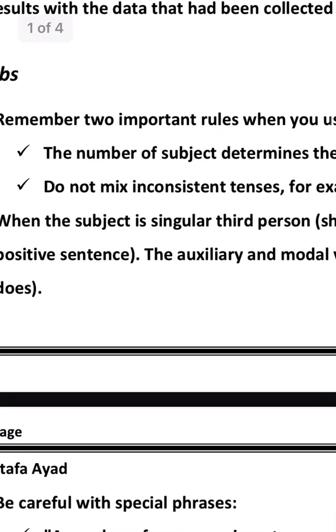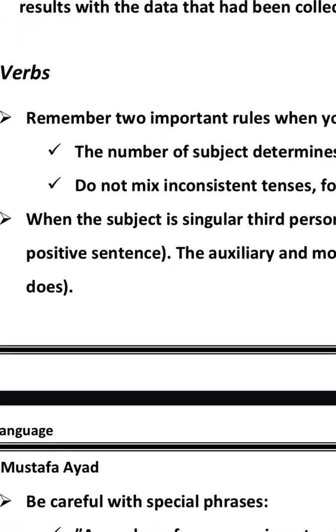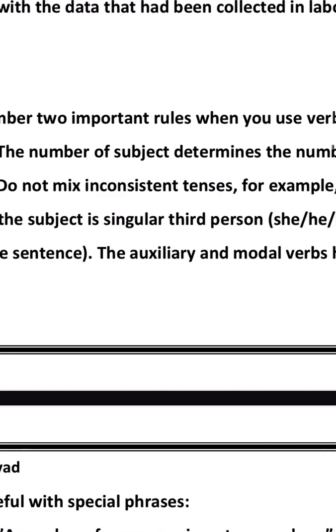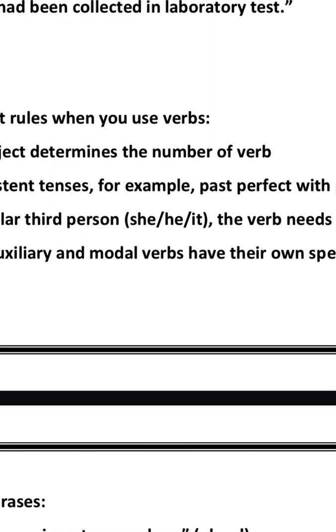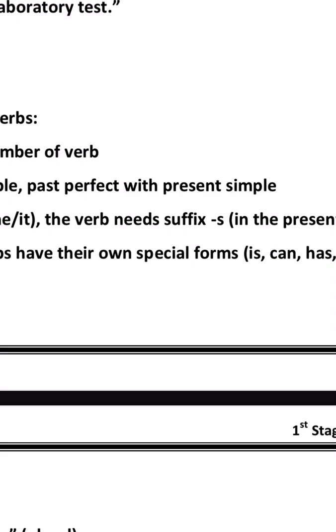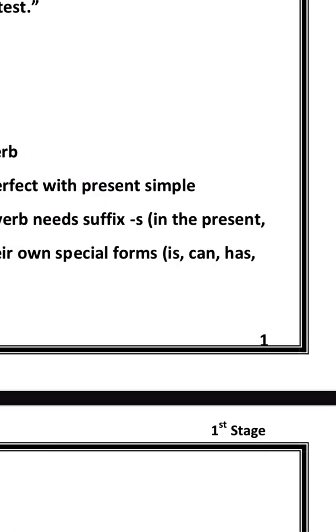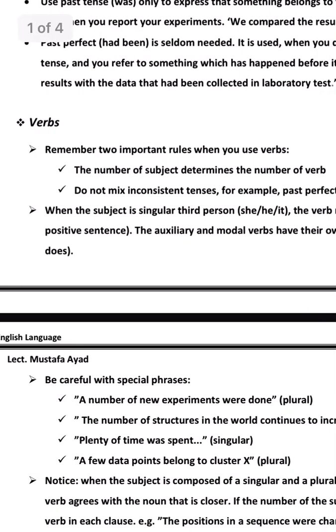When the subject is singular, third person, he, she, it, the verb needs the suffix s in the present positive sentence, especially the present simple. I need to add s to the verb with the subject he, she, it.